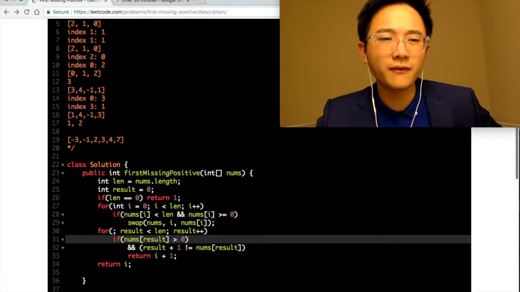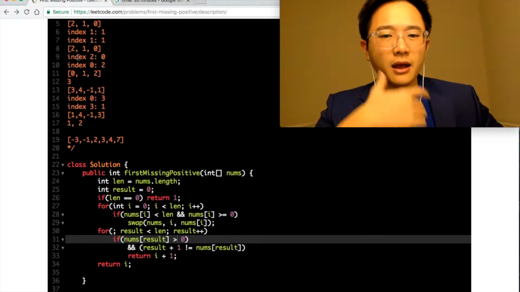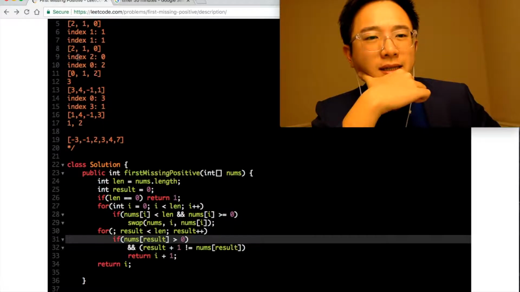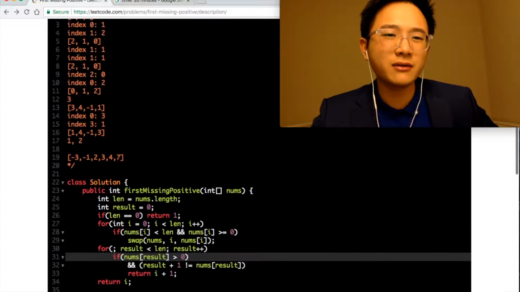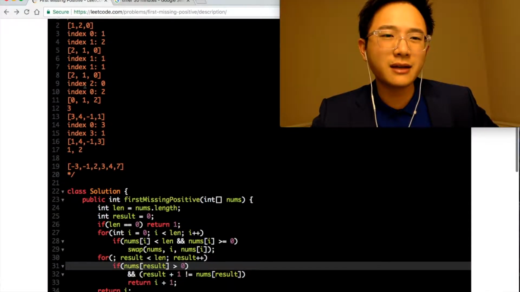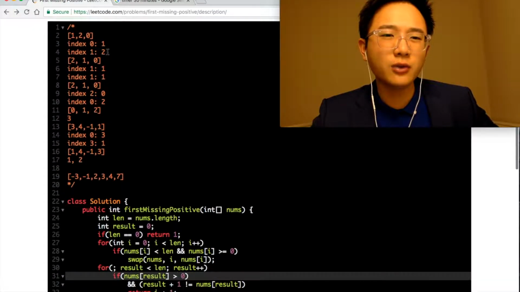Because 0 is fine. Okay, what if we treat 0 as same as negative number? So I feel like I shouldn't even treat 0 like negative if I don't swap this in the first place.